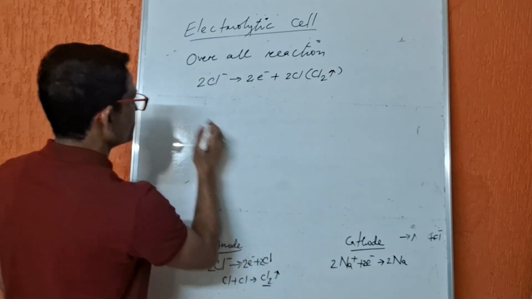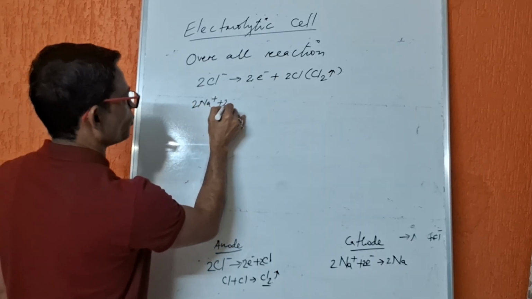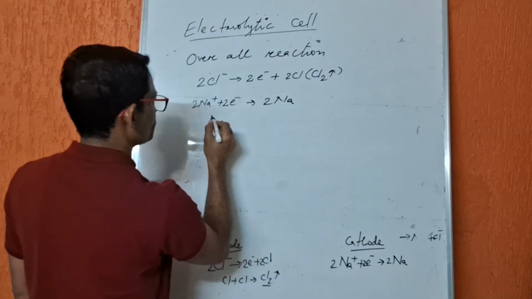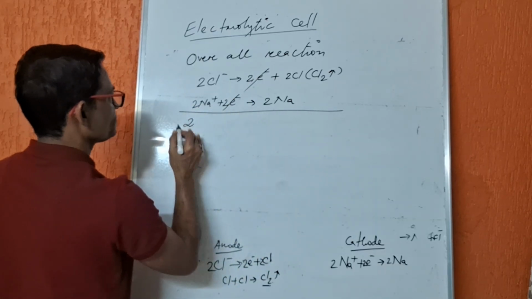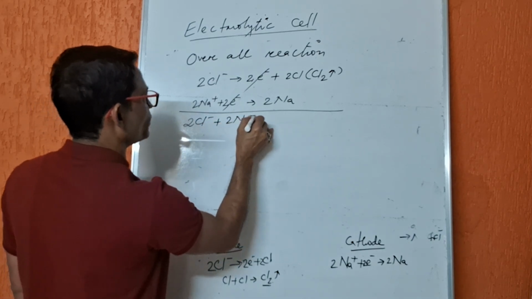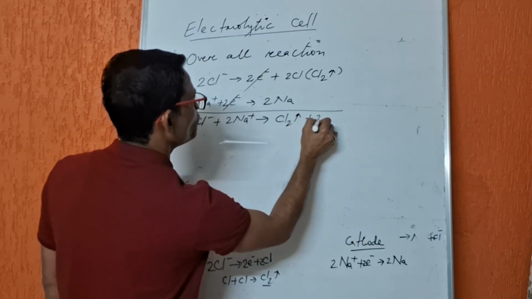At cathode 2 Na plus accept the 2 electrons and produce 2 Na. So overall reaction is 2 Cl minus plus 2 Na plus gives Cl2 plus 2 Na.